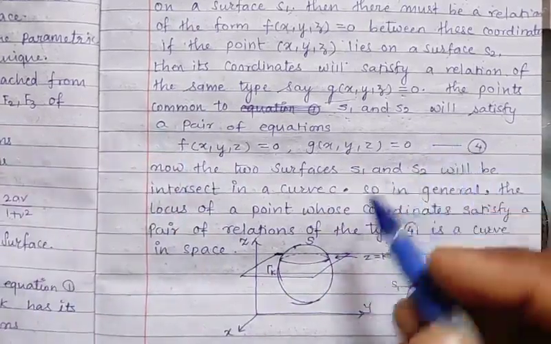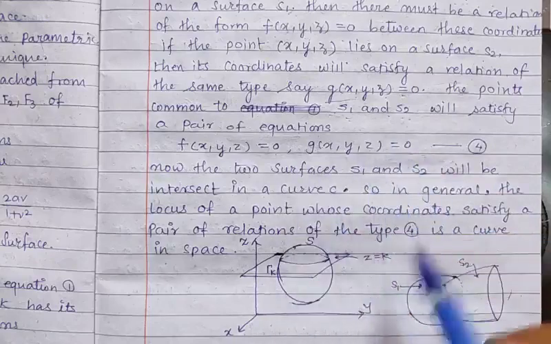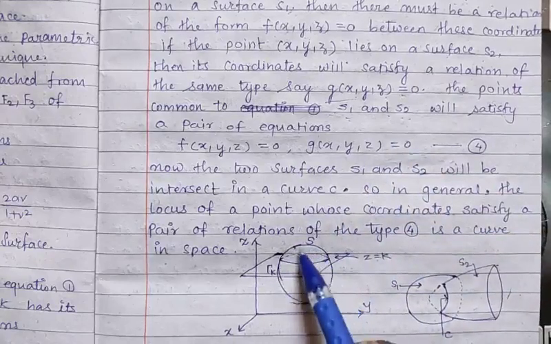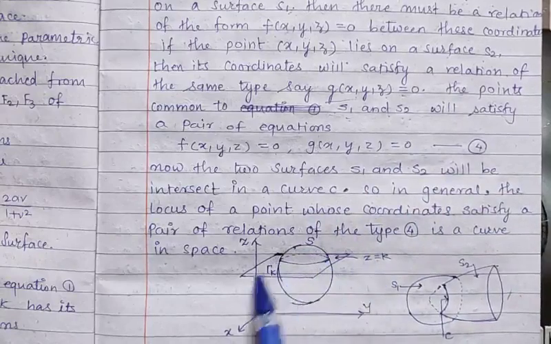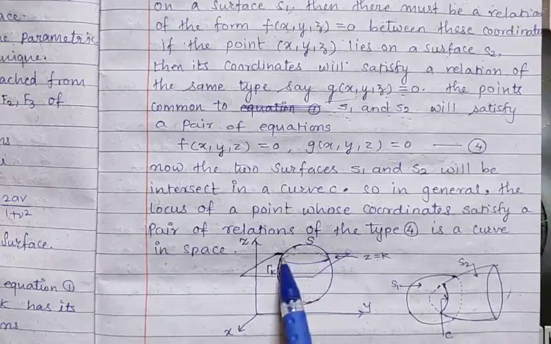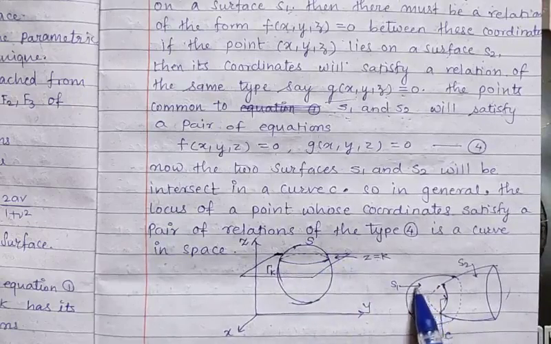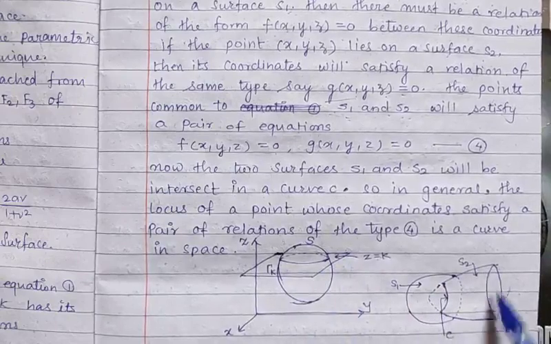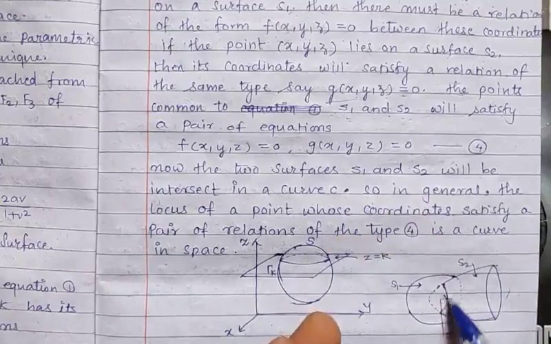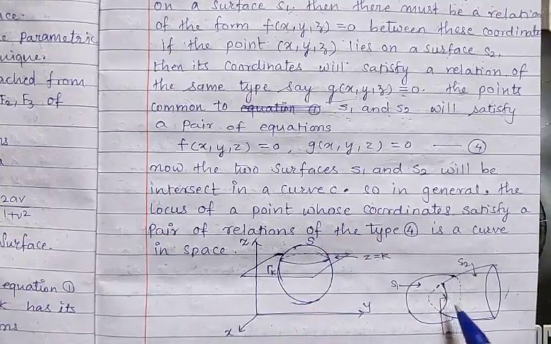So from the intersection of these surfaces, what do we get? First here is a sphere and another is a plane. The intersection of these two gives a circle. Again here is one sphere and there is another sphere. The intersection of these two spheres is again a circle.